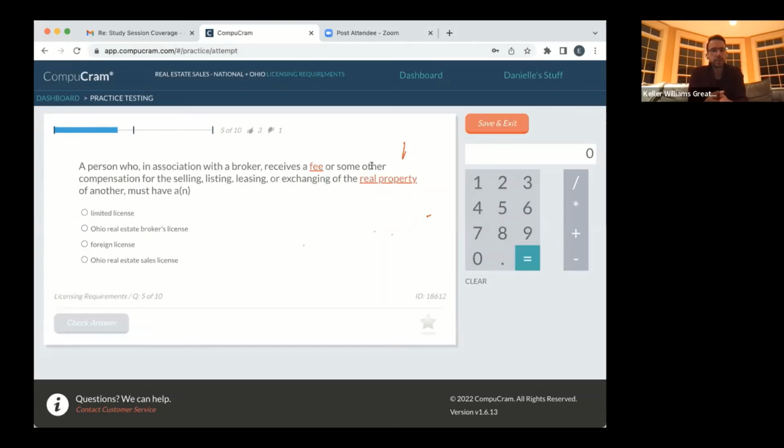Next one, a person who is in association with a broker and receives a fee or something other than compensation for selling, listing, leasing, or exchange of the real property of another must have A, a limited license, B, Ohio real estate broker's license, C, foreign license, or D, Ohio real estate sales license.